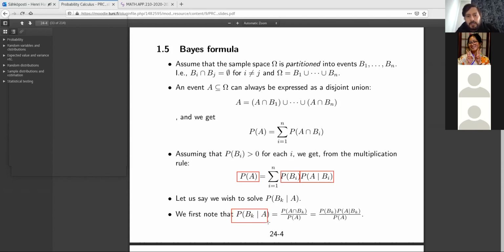So the probability that someone is a killer, given that they used a knife, is the probability that they actually use a knife and kill someone, divided by the probability of knives being used in general. And then we use the product rule on that. We get the probability of person K being the killer times the probability of them using a knife, divided by the probability of a knife being used.